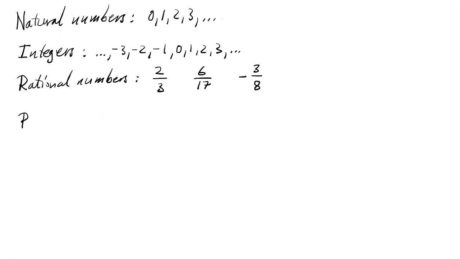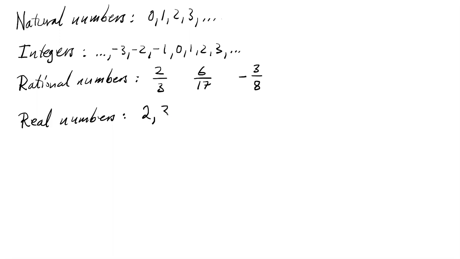Then we have the real numbers. These are all numbers that can be written as a decimal number. For example, 2 point. In Norway and Sweden you write the decimal number with the decimal comma, not the dot as internationally.